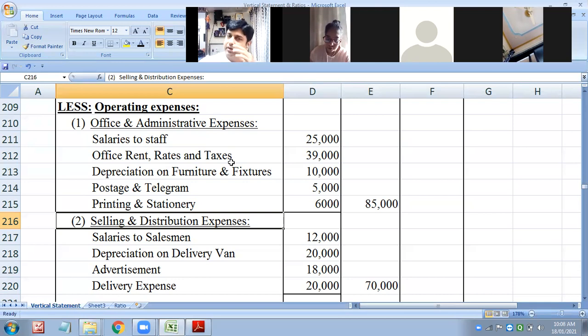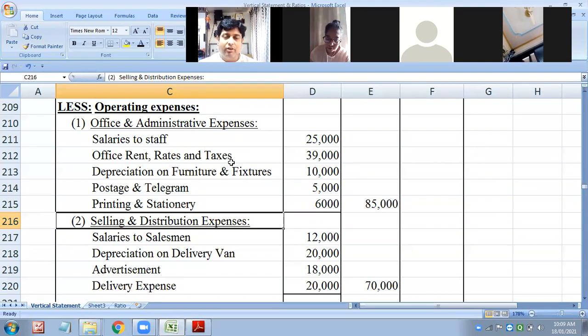Kindly check carefully, because as far as the format of cost sheet is concerned, it's very clear. It comprises direct material, direct labor, direct expenses; that is the prime cost, where all direct things are incorporated. Then come factory overheads, comprising all factory related expenses including WIP, which gives us works cost.